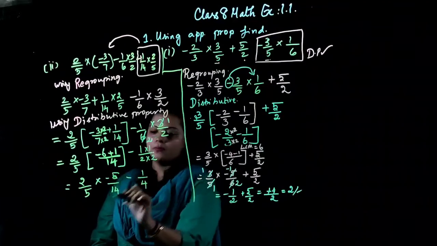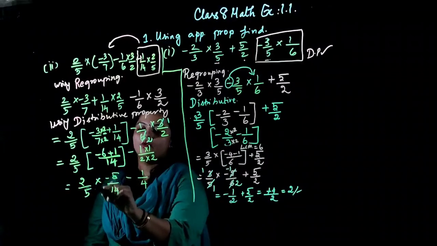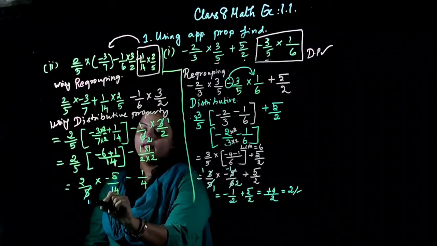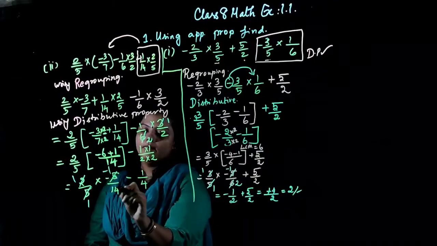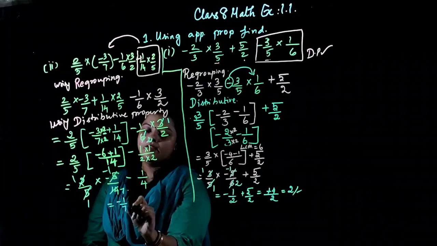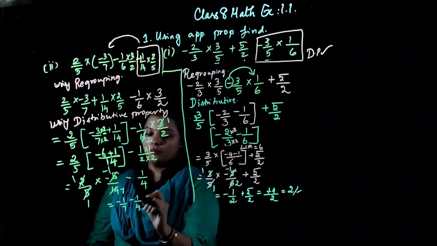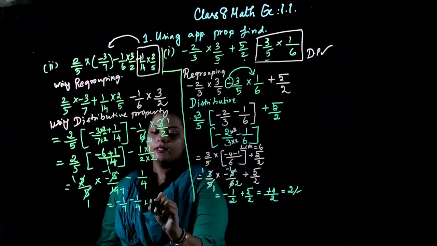Minus 1 by 2 into 2 is 4. So here again I have multiplication of these two fractions. Cancel them diagonally, so this is nothing but minus 1 by 7 minus 1 by 4. Now we have to take the LCM. LCM is 28.